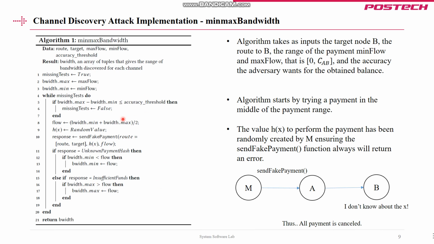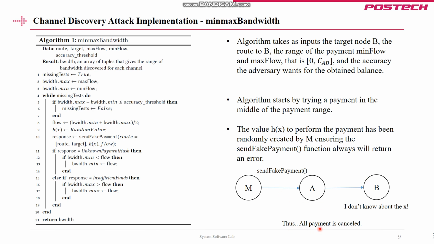And these lines ensure the termination of the algorithm when the range is less than the desired accuracy threshold. Because of the onion routing schema in Lightning Network, A and B cannot know about the attackers.